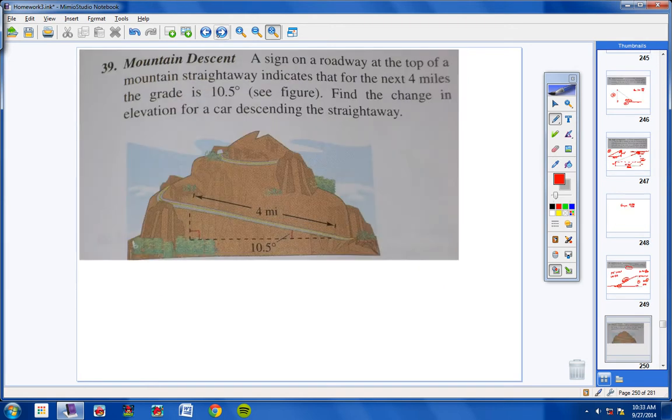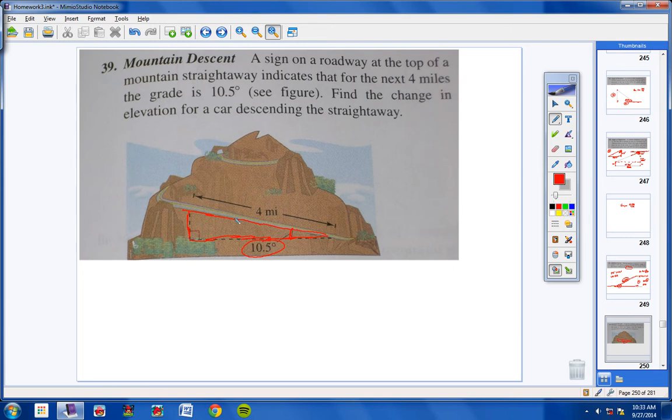39 is a pretty simple problem. A sign on the roadway at the top of a mountain indicates for the next 4 miles the grade is 10.5 degrees. Find the change in elevation. Well, students, they've given you everything you need. Here's a triangle. They've drawn the whole thing for you, which was very nice of them. So this angle right here is 10.5 degrees.